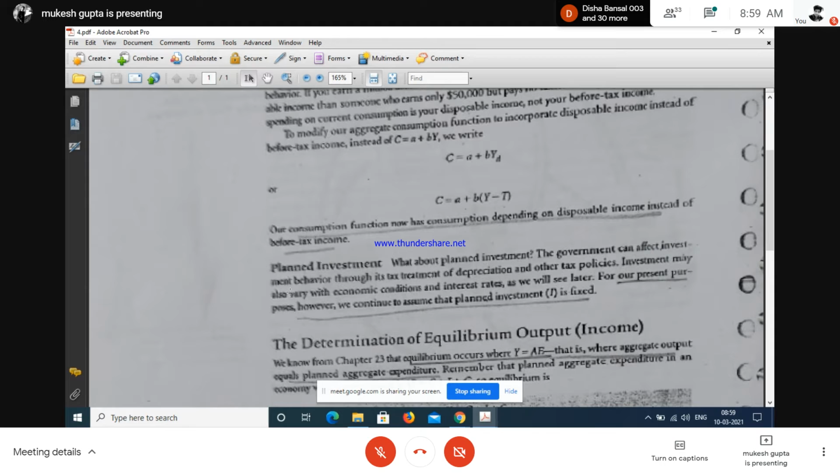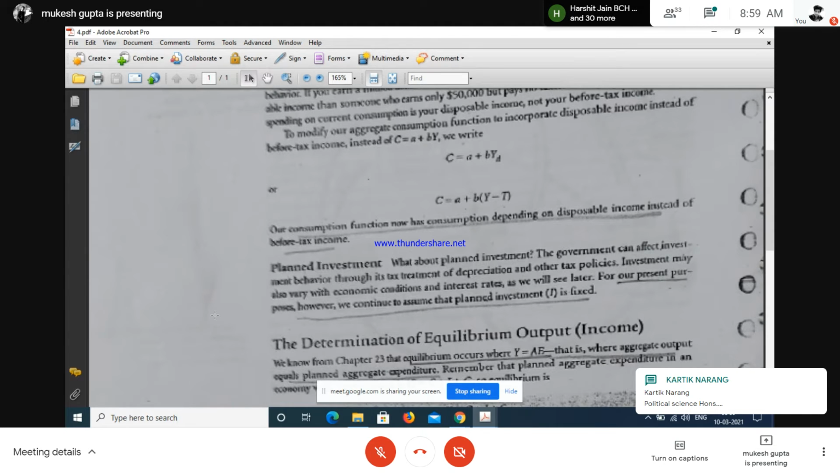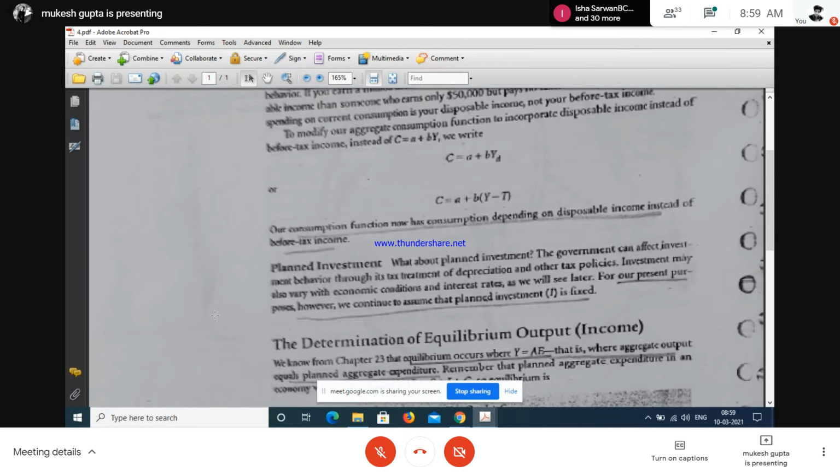So that is the planned investment. And government expenditure is also considered to be autonomous. It is not responsive to Y here. A change in government expenditure can change the Y, but a change in Y does not affect the government expenditure. That's the thing. So for simplicity, we are doing all these things.